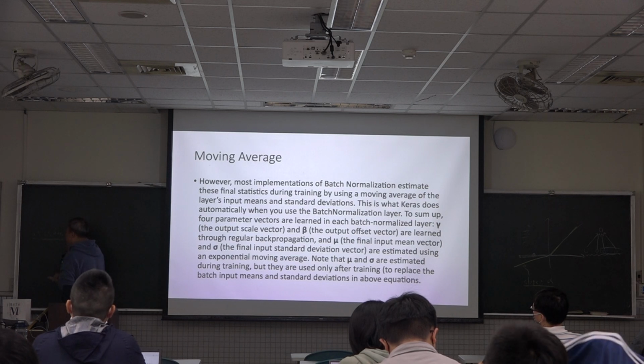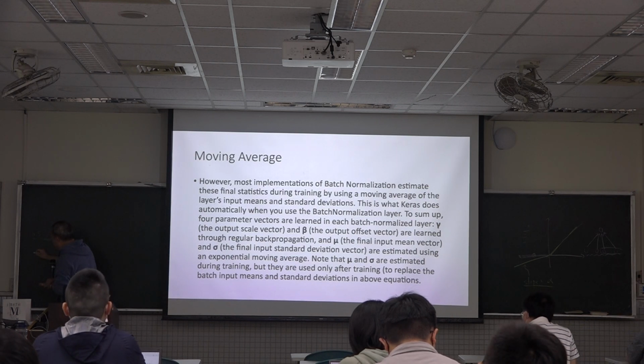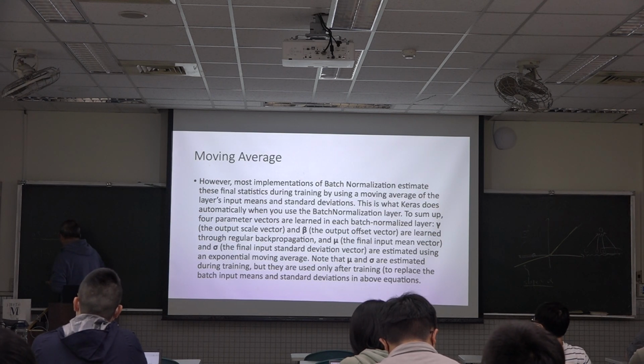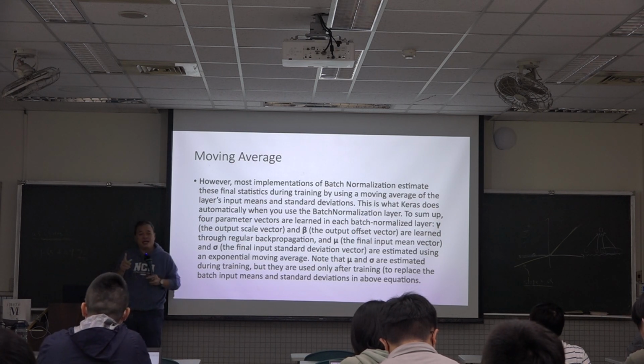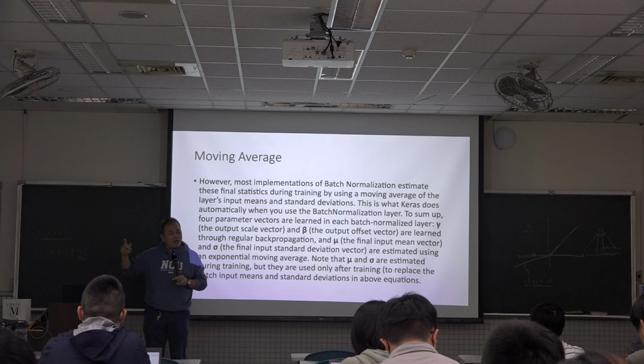But in fact, what we normally do is something like this: 0.1 times 65 plus 0.9 times 70. This 70 is the current average that I have as the estimation of the whole class.